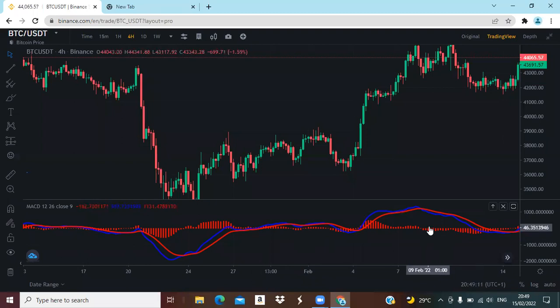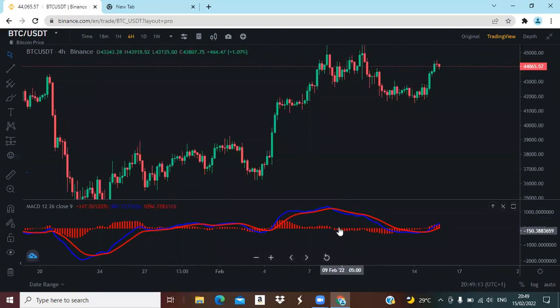Just like that, from this point here down to this area is a bear market. From here up to this point is a bear market. If you look at it from this point, the market goes down, goes up a little bit, goes down again.